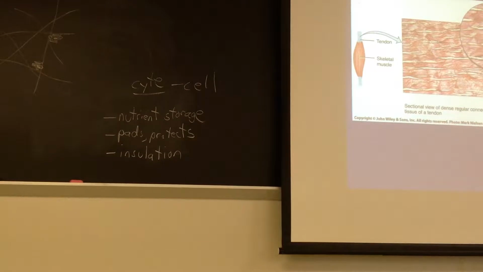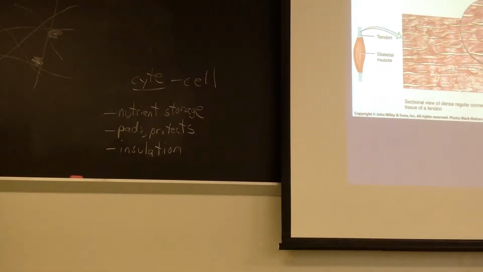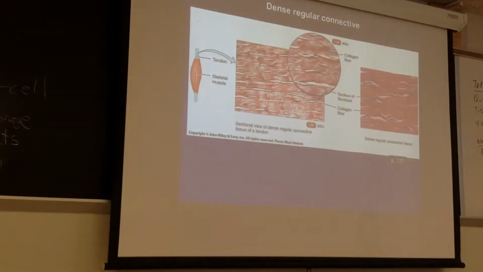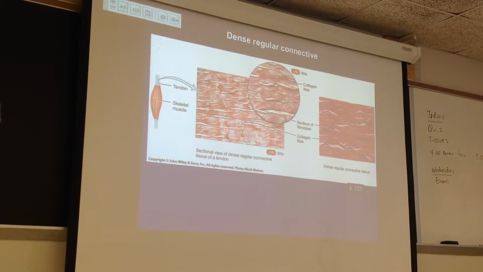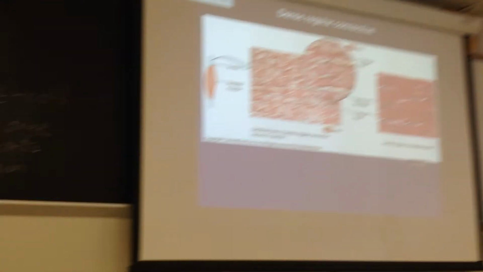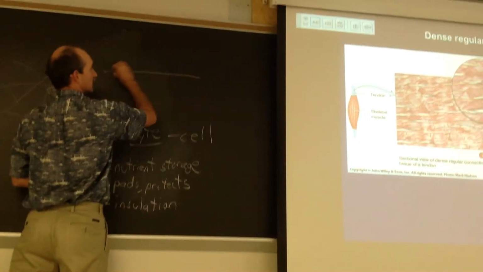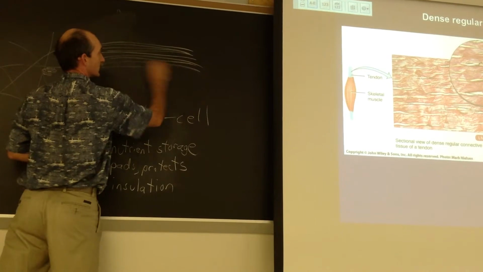The next couple of connective tissues are not what we call loose, but they'll have the name dense in them. Dense meaning a dense array of kinds of fibers in there. This is dense regular, and in dense regular, what we see is a lot of collagen fibers all arranged in parallel.